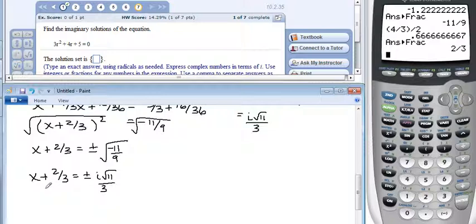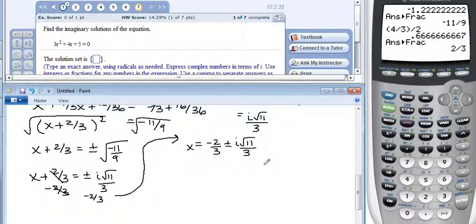Now I'm solving for x, so I'm going to subtract my 2/3 across. Minus 2/3. So now I have x is equal to a negative 2/3 plus or minus i roots of 11 over 3. And that should be finished because I've got my a, I've got my b, I've got nothing to do underneath my radical.